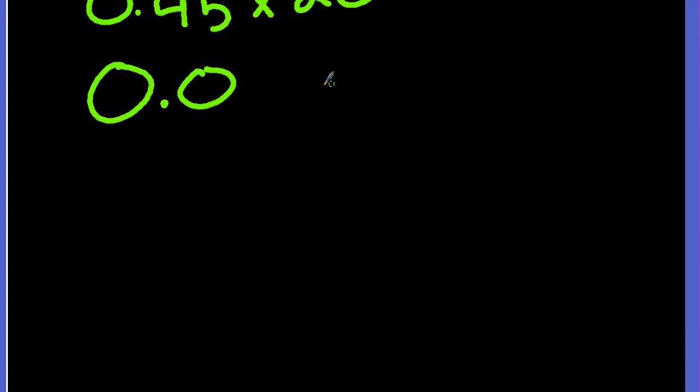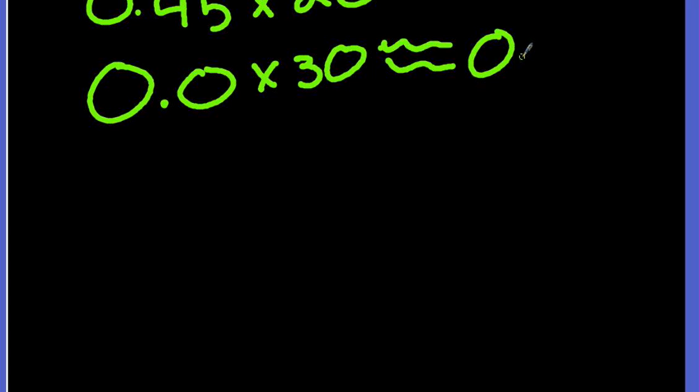And then times 30. Zero times 30 well, okay, do it.